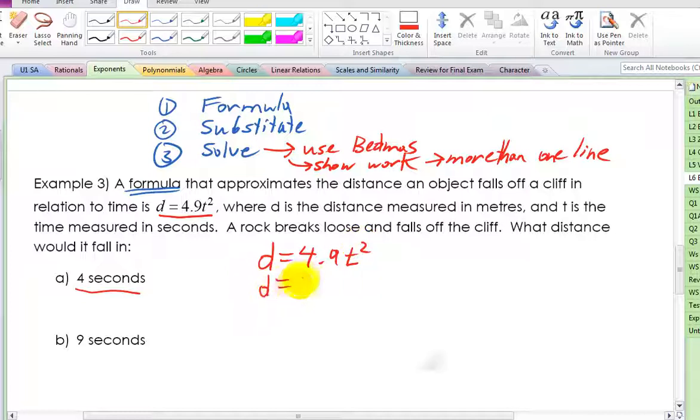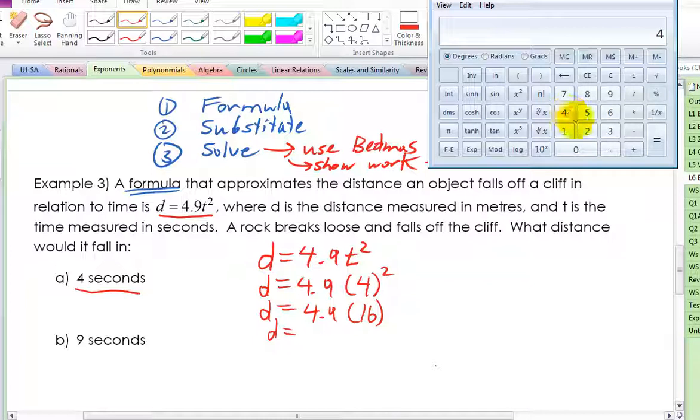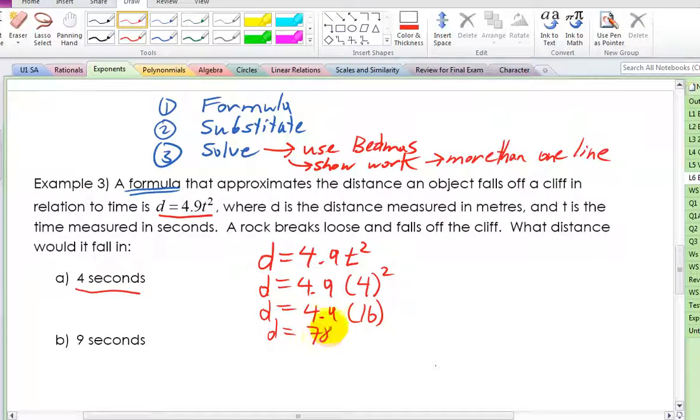Then you want to substitute. So t is time, it becomes 4. Okay? Now you want to show your work. So d equals 4.9 times 16, and then go to your calculator and get your answer. 78.4 meters.